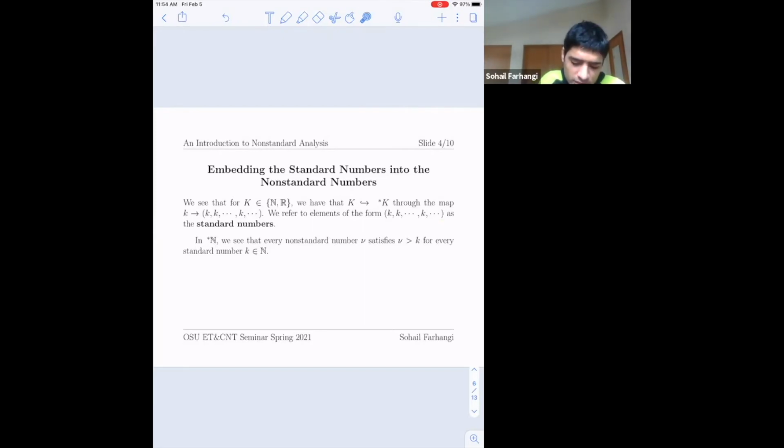Now, in the natural numbers, we see that every non-standard number is going to be bigger than every single integer. So any non-standard natural number is going to be infinite in this sense. And we can verify this.